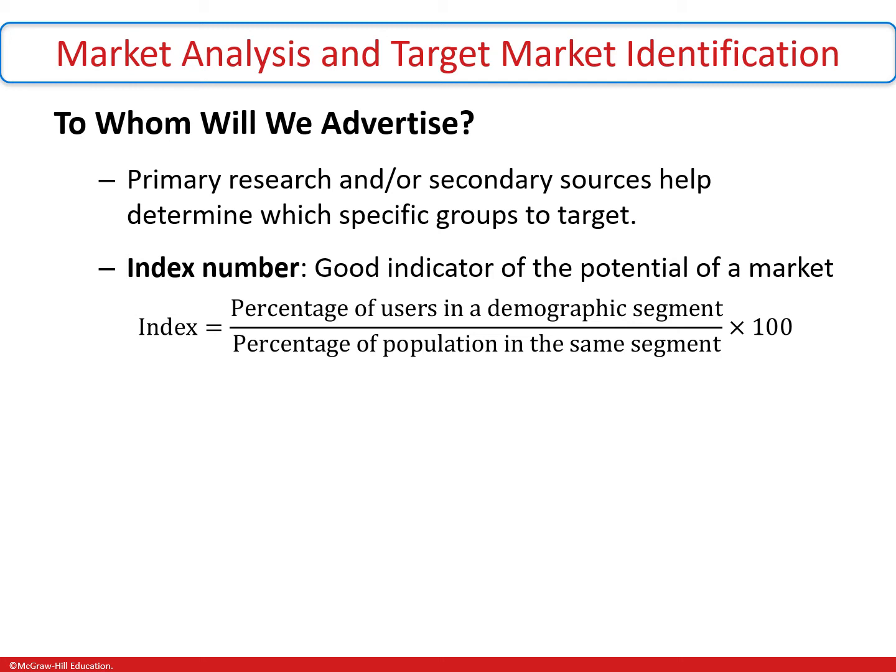And this is because percentages and index numbers put raw numbers into context. So, for example, say a company has a subscriber base of 1 million subscribers, you might think, oh, that's a large number.